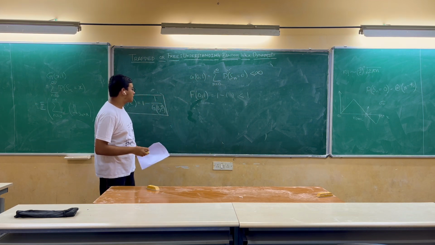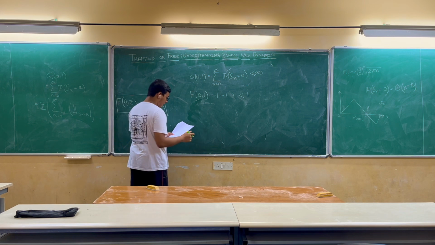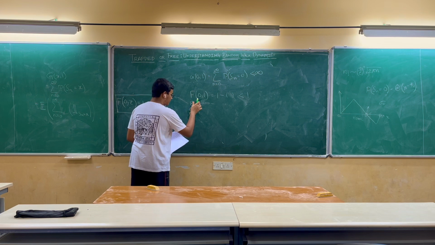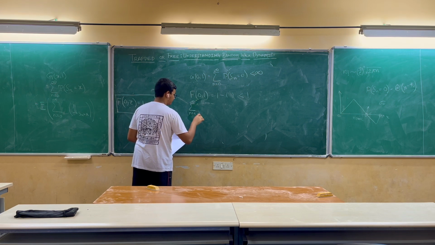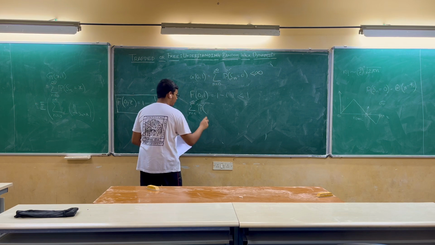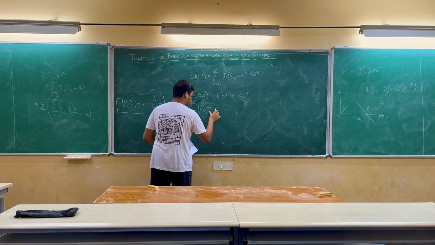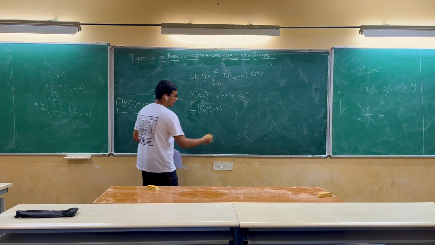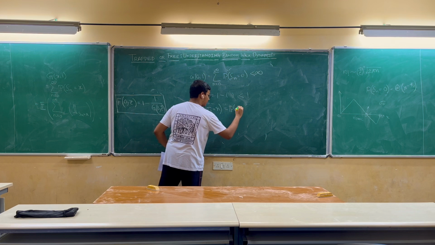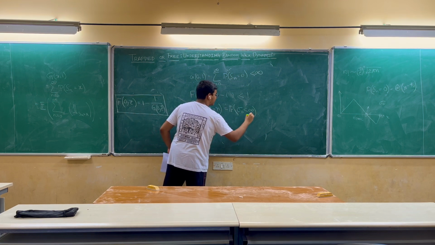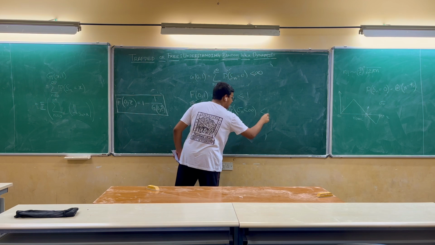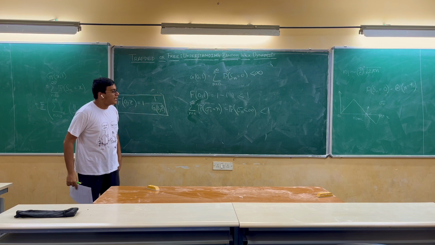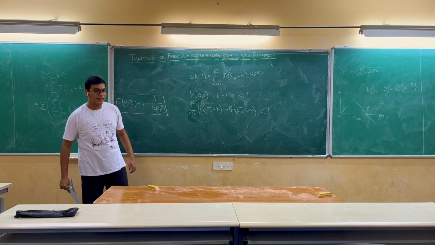And now what is my f of 0 comma 1? f of 0 comma 1 was actually the summation from n equal to 0 to infinity of the probability of sigma sub 0 equal to n, which we say means the random walk in this case is transient.